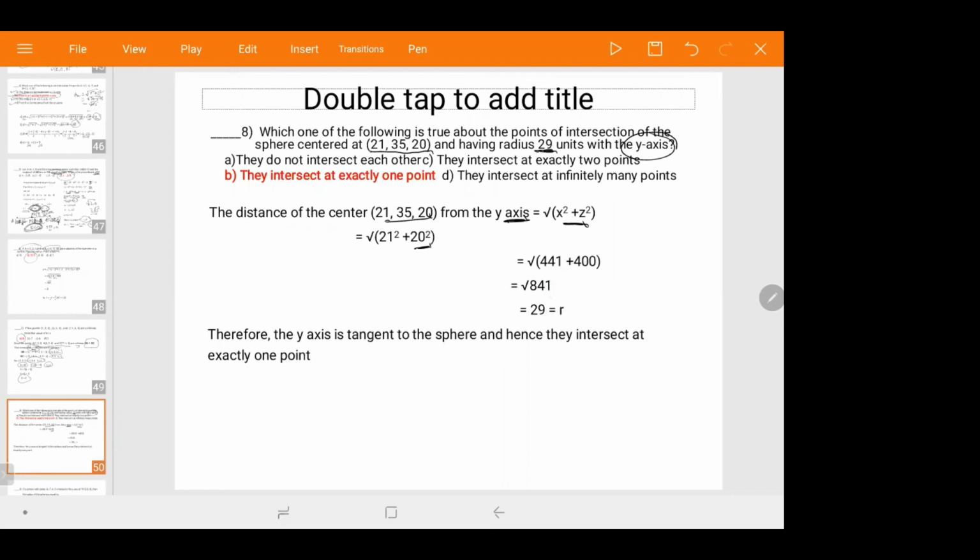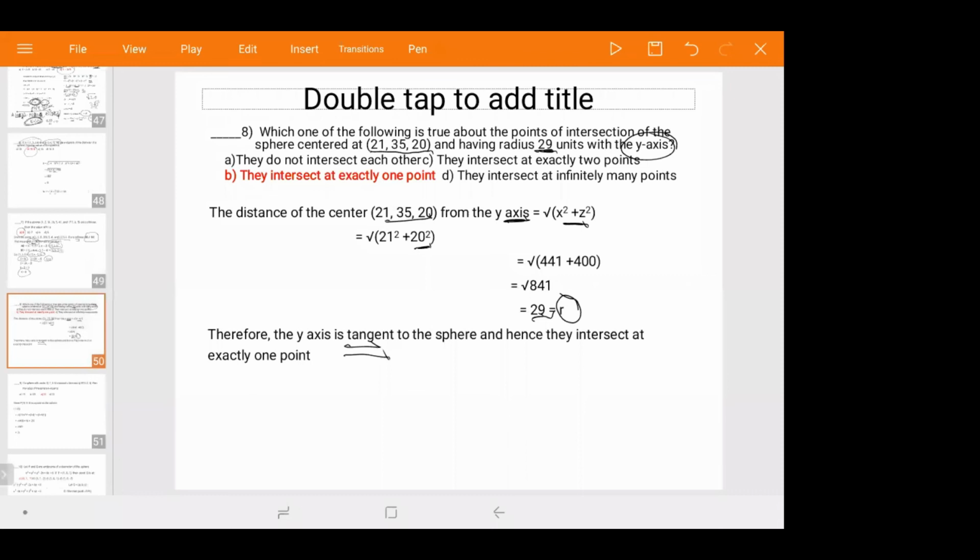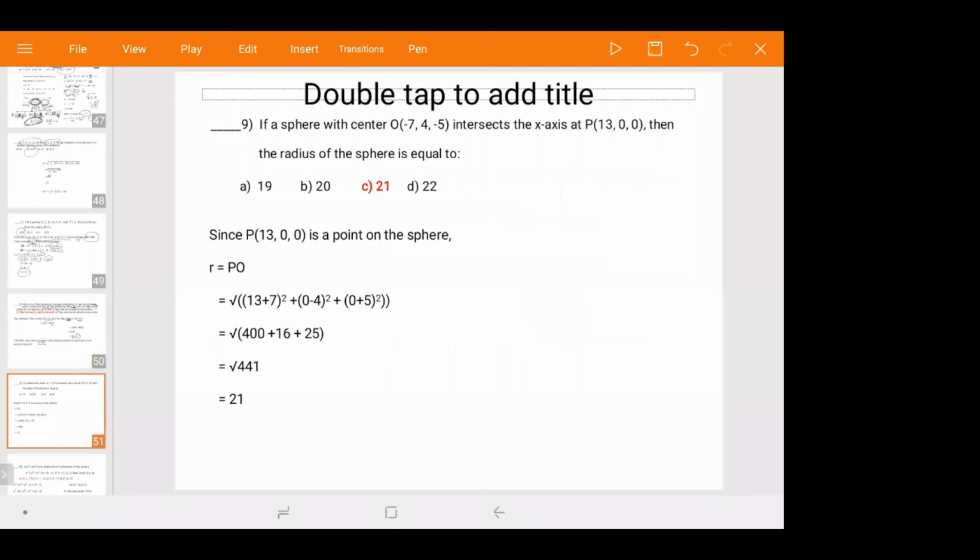Square root of 841 is 29, and this is the same as the radius of our sphere. Therefore, the center of our sphere is at a distance of 29 units from the y-axis, and that is exactly equal to the radius, meaning the y-axis is tangent to our sphere, because the distance between the center of the sphere and the y-axis is exactly the same as the radius of the sphere.